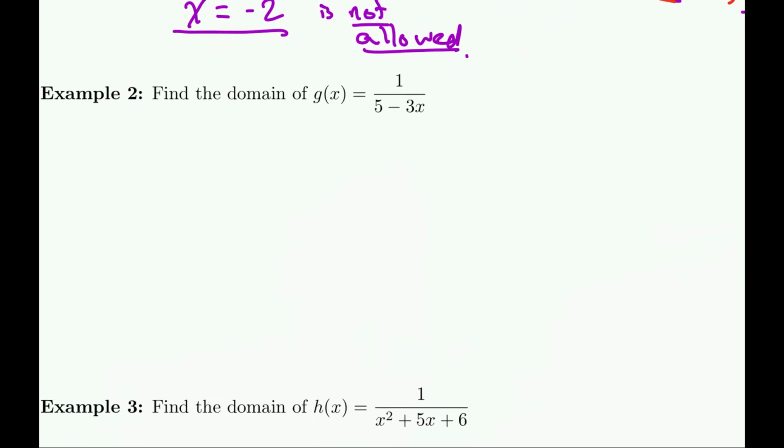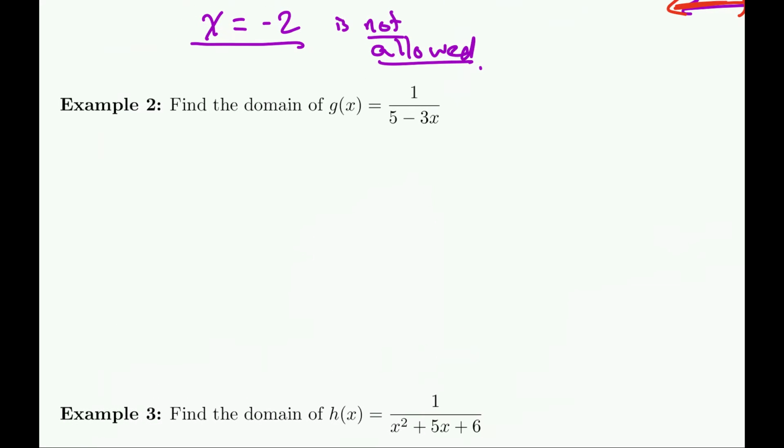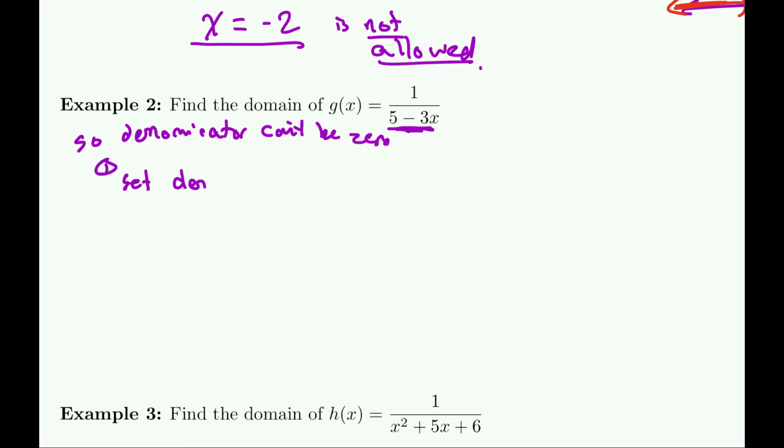Like find the domain of 1 over 5 minus 3x. So the denominator can't be 0. That's what can't happen. So we set the denominator equals 0. 5 minus 3x equals 0.